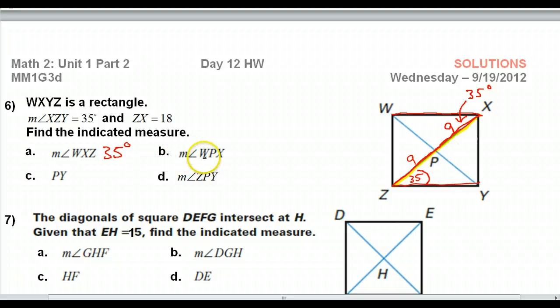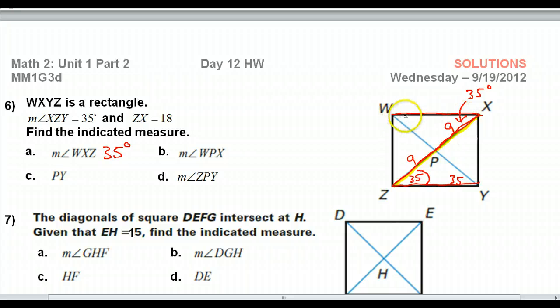What else? We're supposed to find angle WPX. Well, let's use our symmetry that we have going. If this is 35 degrees in a rectangle, then this is going to be 35 degrees also. Okay?